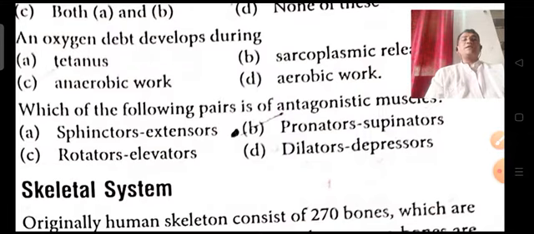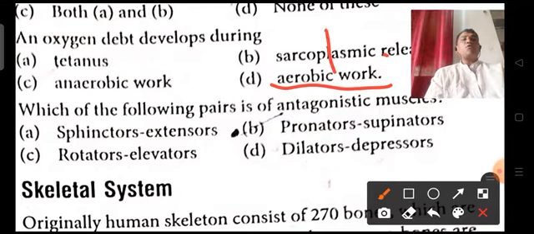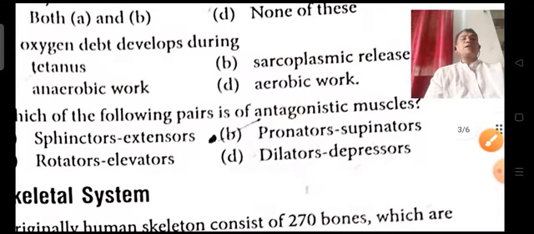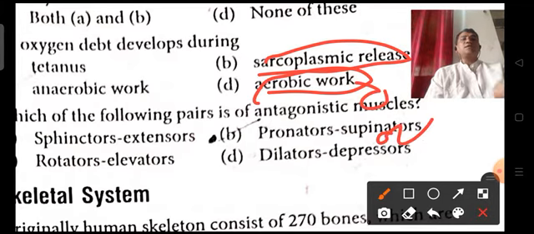Next, oxygen lacking develops during tetanus. Options: sarcoplasmic reticulum, anaerobic work, and aerobic. Aerobic means in the presence of oxygen. Sarcoplasmic release means releasing of calcium ions.